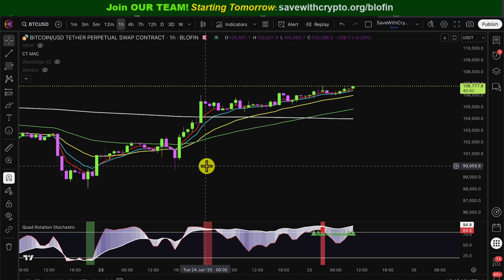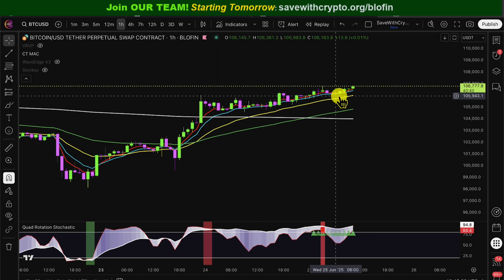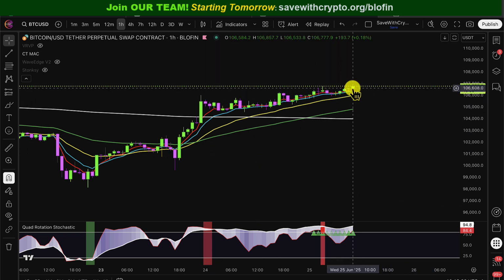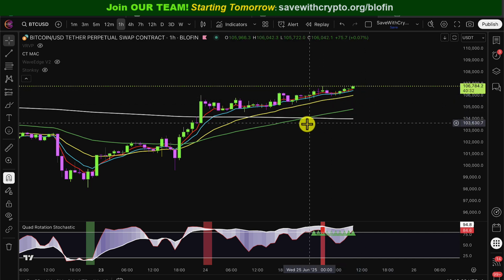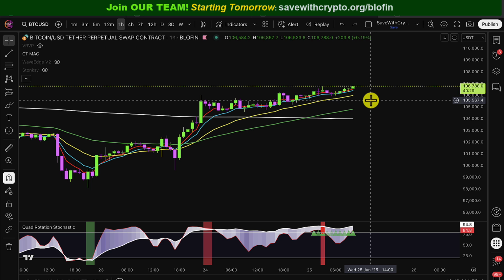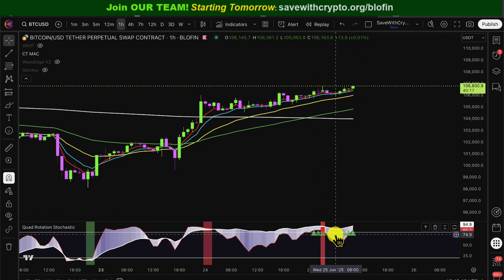The red 5 EMA is at the top, closely followed by the cyan 9 EMA, the yellow 21 EMA, and the 55 EMA. That means we've got a trend in motion to the upside, and at the moment even the quad rotation stochastic is saying, yeah, for the moment we're going up.